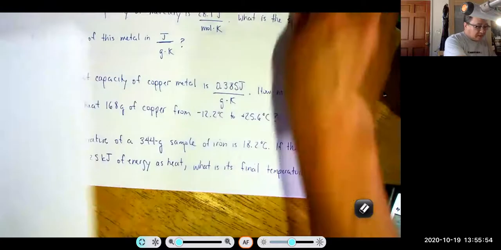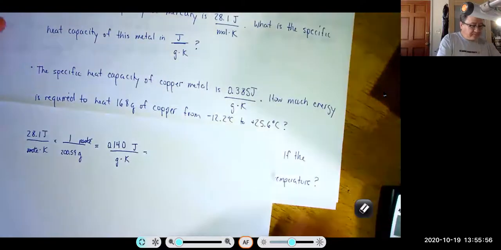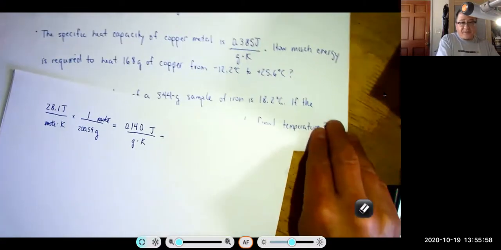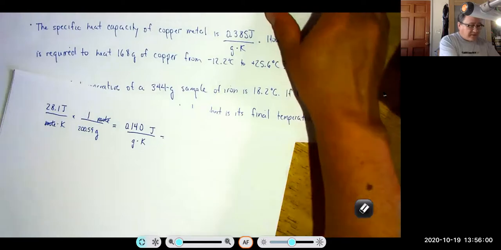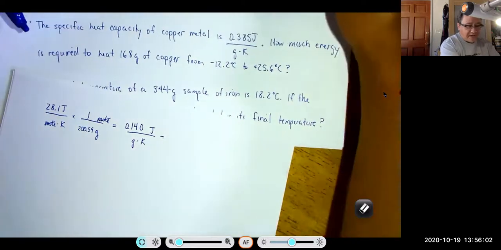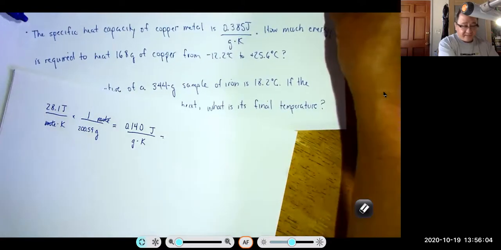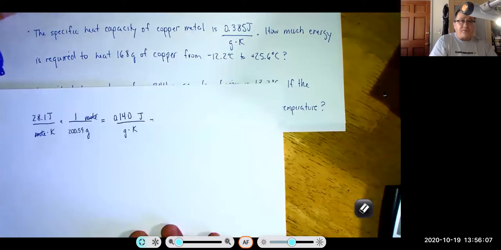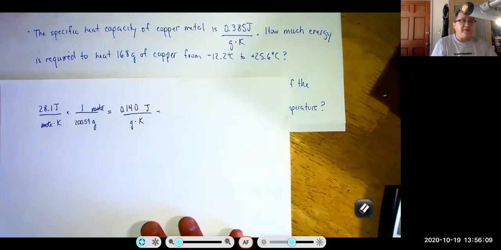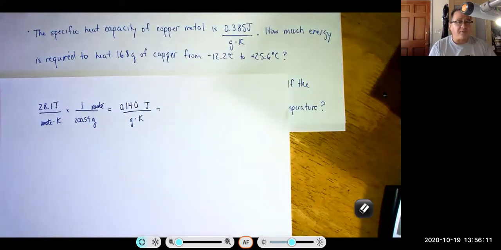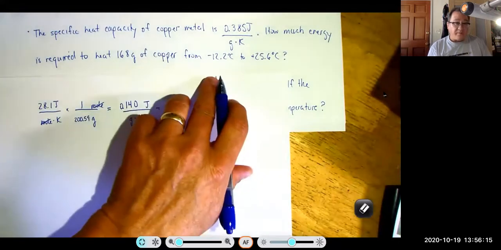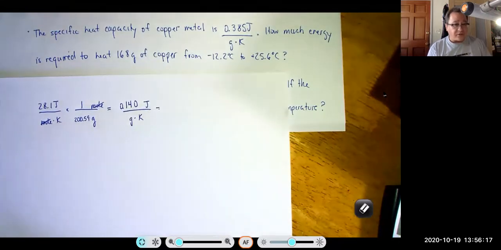Let's take a look at another problem. The specific heat capacity of copper metal is 0.385 joules per gram K. How much energy is required to heat 168 grams of copper from negative 12.2 degrees Celsius to plus 25.6 degrees Celsius?